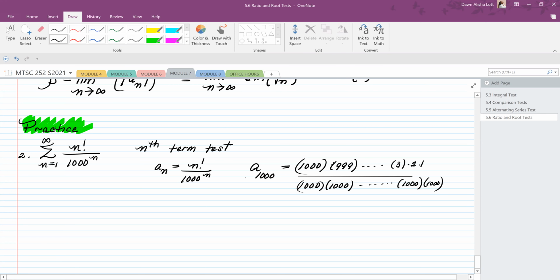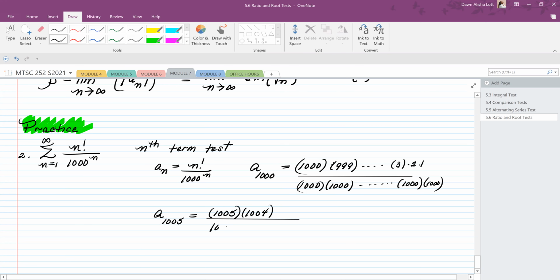But after the a 1000th term, the numbers that start getting multiplied are humongous. So let's say if we look at the a 1005th term, we're now going to have 1,005, 1,004. So these numbers get bigger up here, whereas the bottom numbers still stay 1,000.